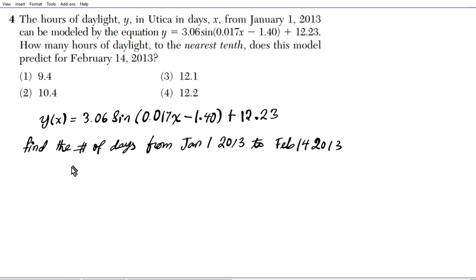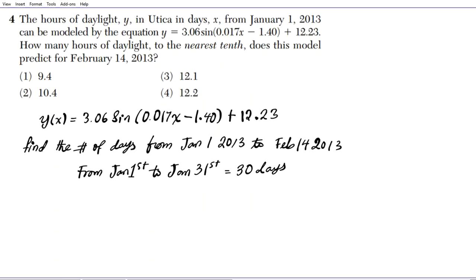So let's do from January 1st to January 31st, because there are 31 days in January, right? Okay, so we're counting from January 1st. So from the 1st to the 2nd is 1. So if you count like that, you're going to have a total of 30 days.